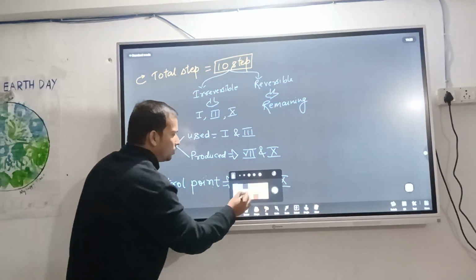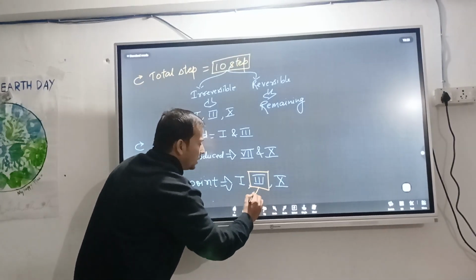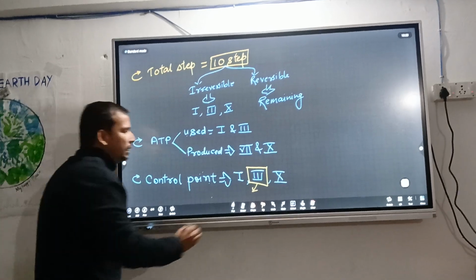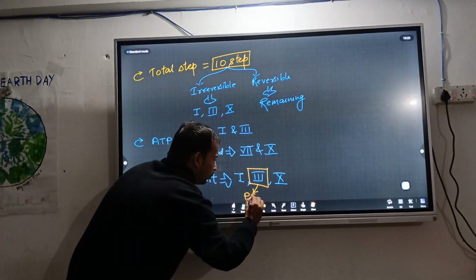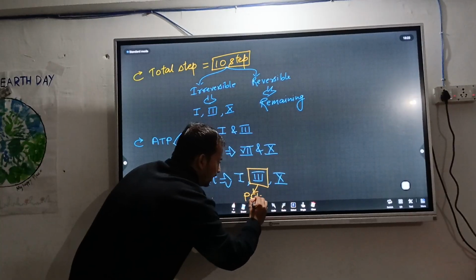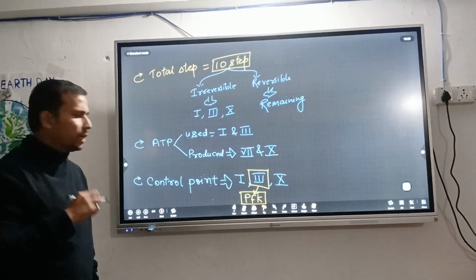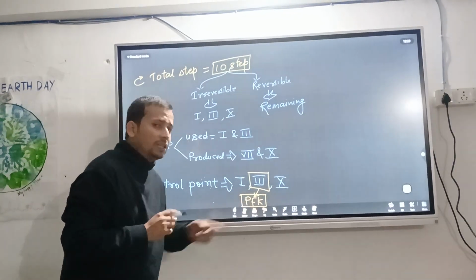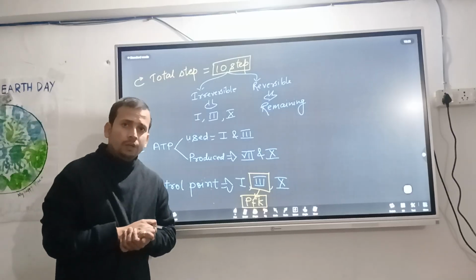Out of that, NCERT mentions that this is the most important step, because here one enzyme is there, called phosphofructokinase. What type of enzyme is it? Allosteric enzyme.